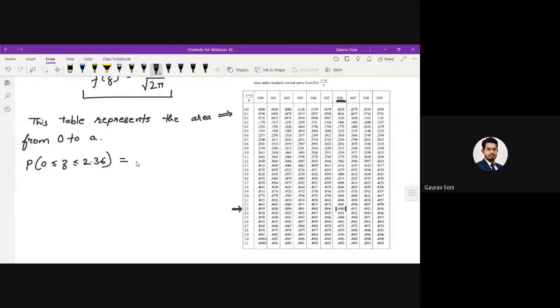So this probability is nothing but the area from 0 to 2.36. What is the number from the statistical table? 0.4909. This is the probability. Am I clear? What does the table represent?